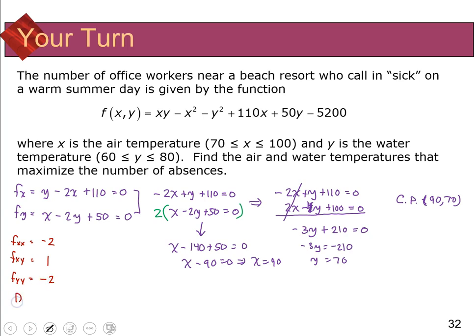So when I calculate the D value, I get negative 2 times negative 2 minus 1 squared. That gives me 3, which is greater than 0. So it's going to be a critical point that is a relative max or min. And because f sub xx is less than 0, I know it's a relative max. So it is going to be a maximum.